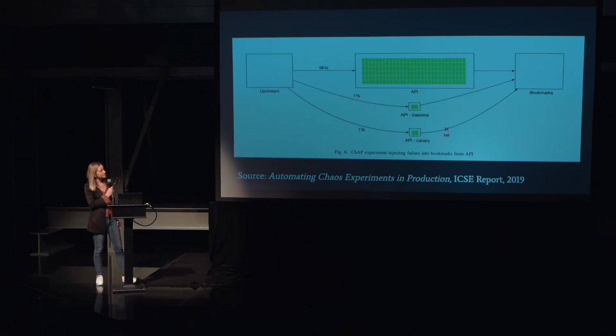I joined the Netflix chaos engineering team back in early 2017, and we were building some pretty cool stuff. We had built this system called ChAP. It stood for Chaos Automation Platform, and it worked like this. It took advantage of the fact that all applications at the organization used a common set of Java libraries, and it annotated incoming request metadata that a particular call should be failed.